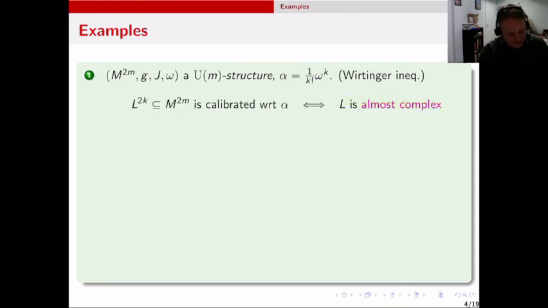If J was an integrable complex structure, then this would be an honest complex submanifold, but I'm not assuming that J is integrable, and I'm not assuming that omega is closed. So J not necessarily integrable, and omega not necessarily closed. Okay, so that's the classical example of calibrations.